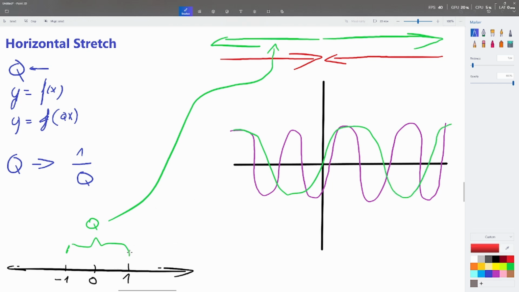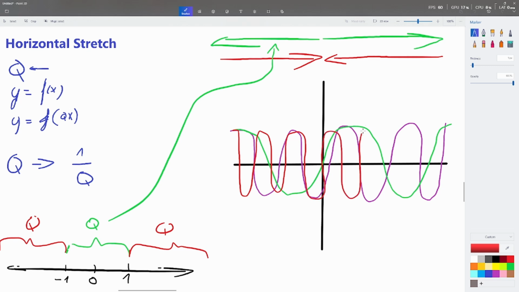However, if your q value is over 1 or smaller than -1, your function will be more shrunken together.